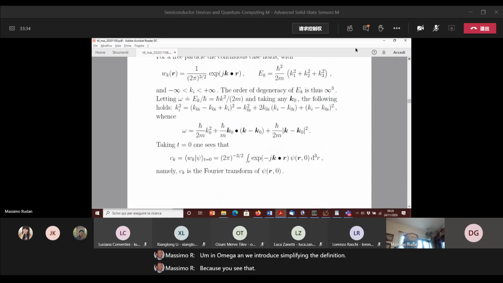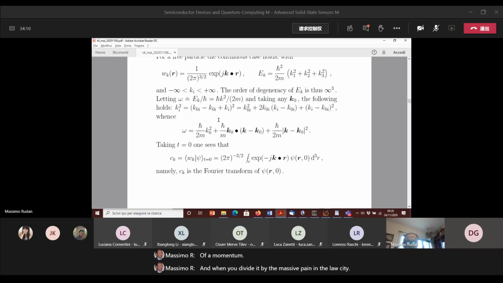because you see that in the expression of omega, the coefficient of the first order term is h bar k0 divided by m. But you remember that for a free particle, h bar k0, or in general h bar times k, is the momentum, okay? So h bar k0 has the units of a momentum, and when you divide it by the mass, you obtain a velocity.